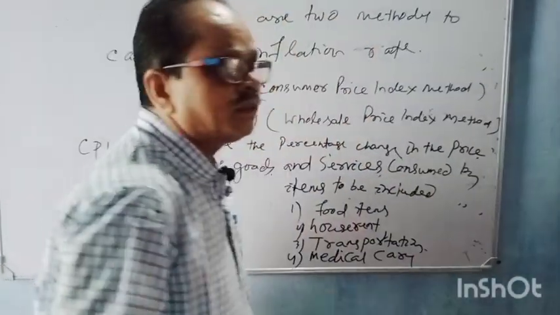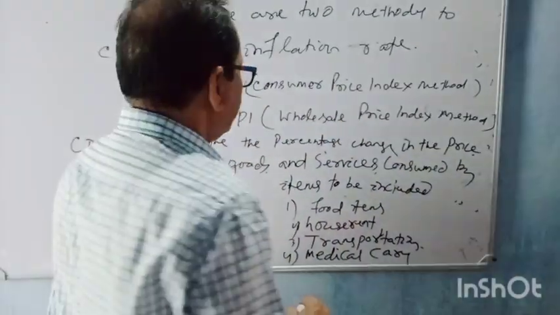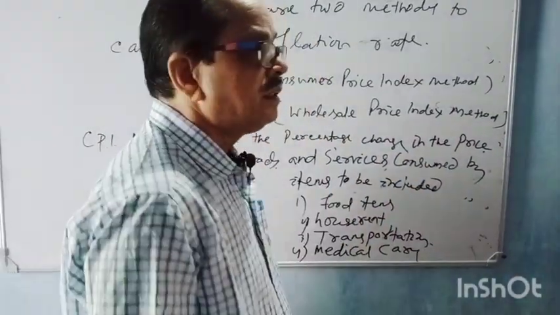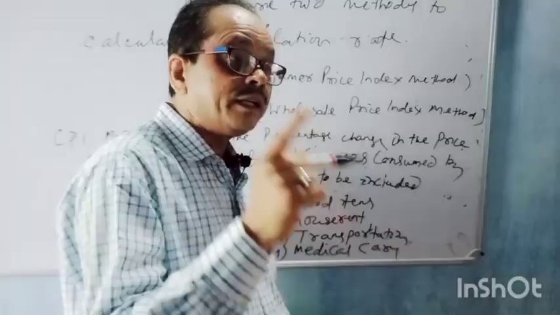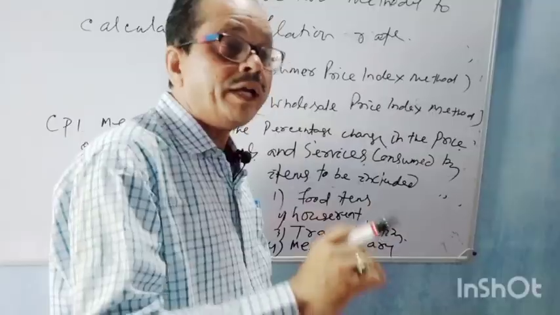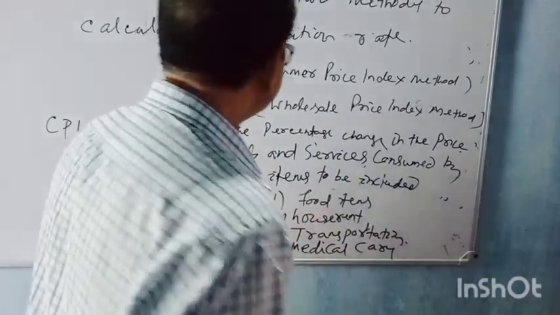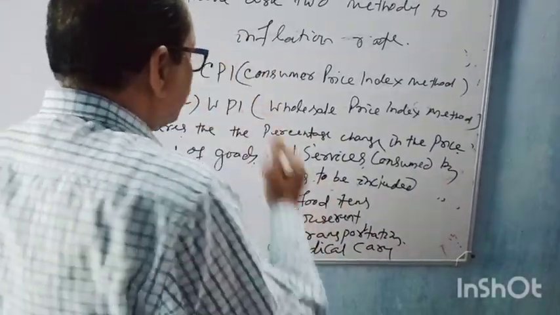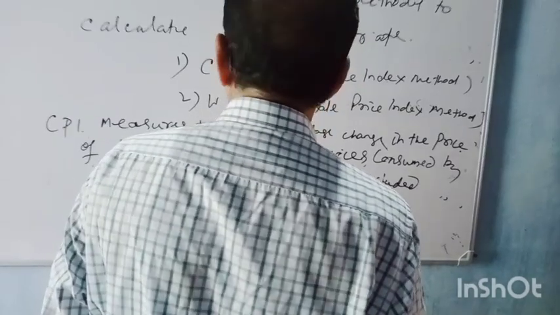These are essential for general consumers, and all these necessary items are to be included when we calculate CPI. We are taking only 4 examples, 4 items.